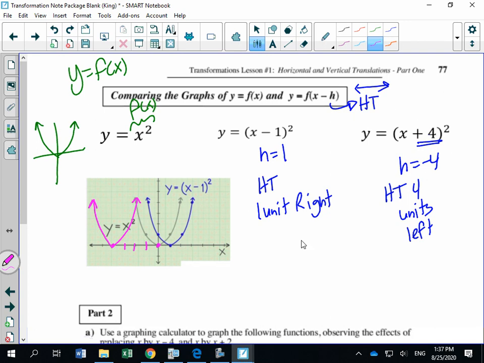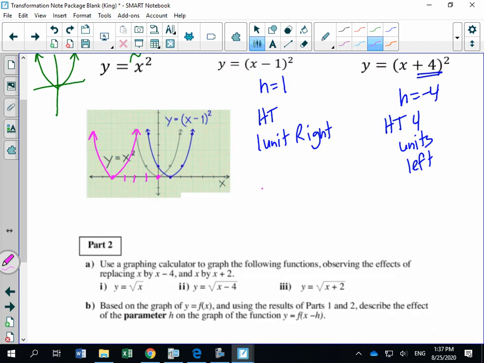Okay. One thing I want you to notice is the transformation: we had y is equal to f of x, and then we are going to y is equal to f of x minus h. This transformation is what we call within the function.